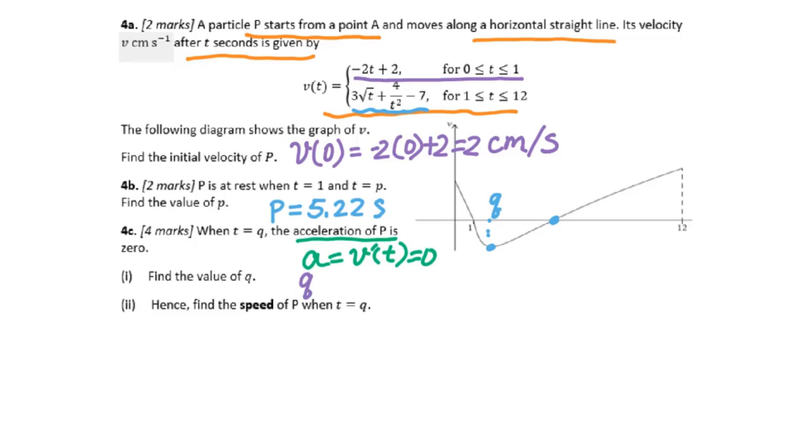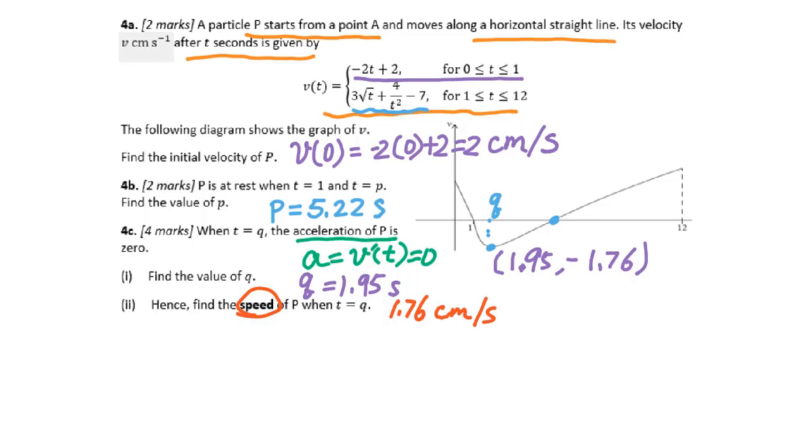So we get q equals 1.95 seconds. According to the graphing calculator, this coordinate is 1.95, negative 1.76. Since we are looking for the speed, you have to give the positive answer. Therefore, it will be 1.76 centimeter per second.